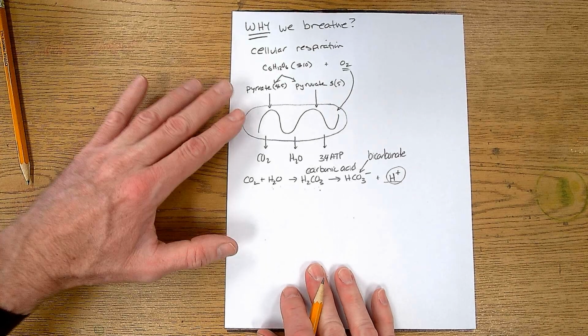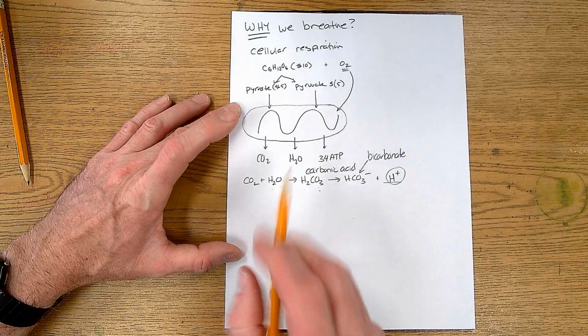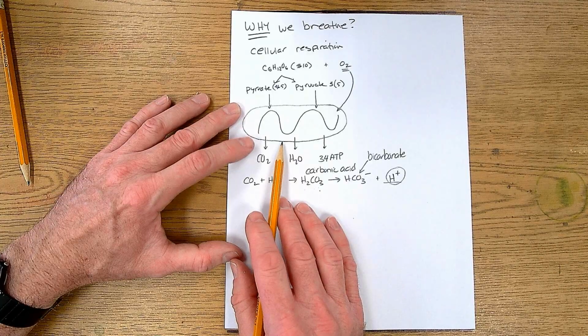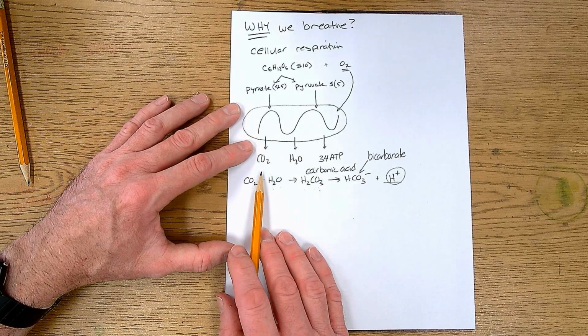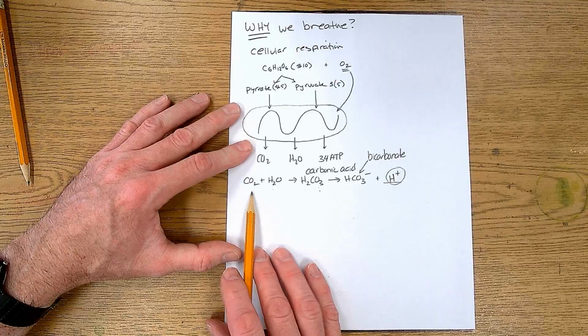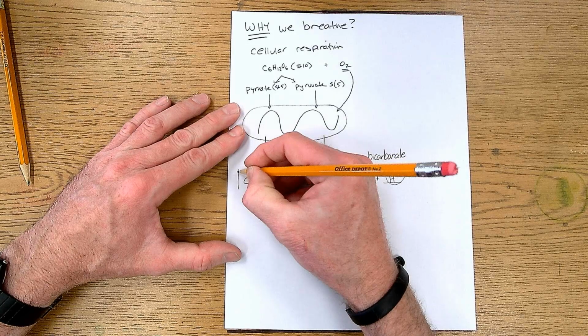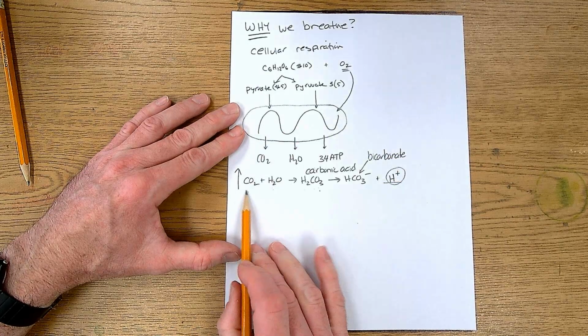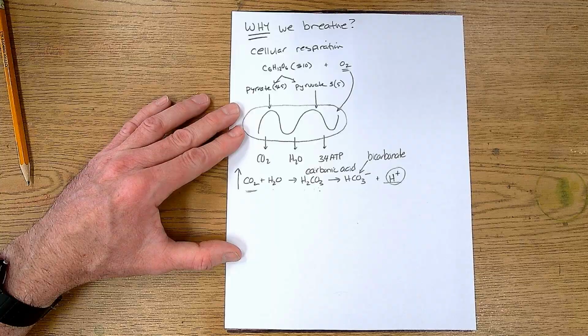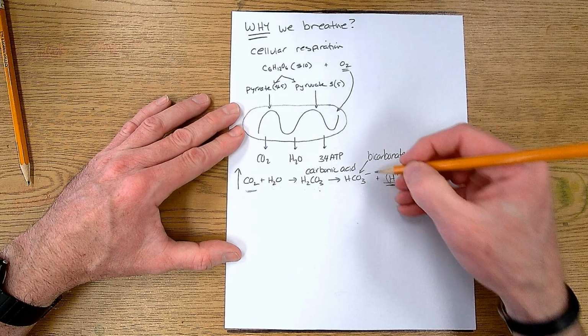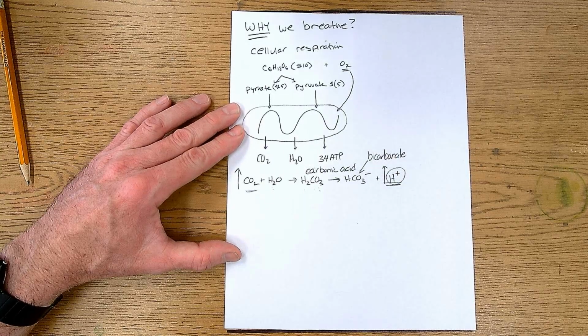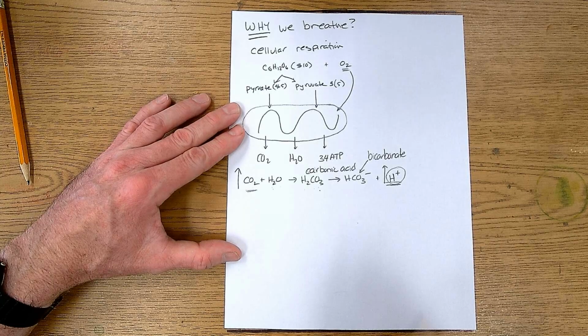So if we do a lot of cellular respiration and we're cranking out tons and tons of CO2 on this side, we're going to drive the equation over to this side. If our concentration of CO2 in the bloodstream rises, that means our concentration of H+ rises.